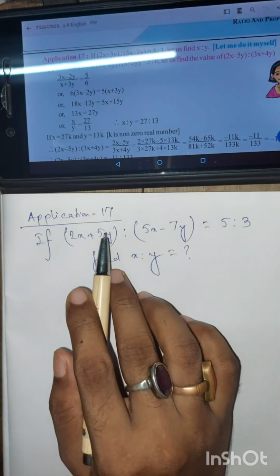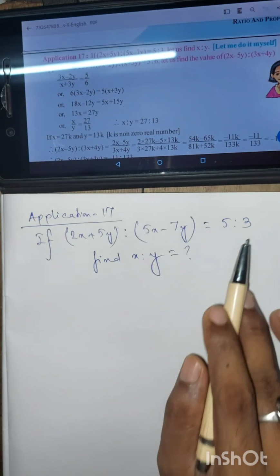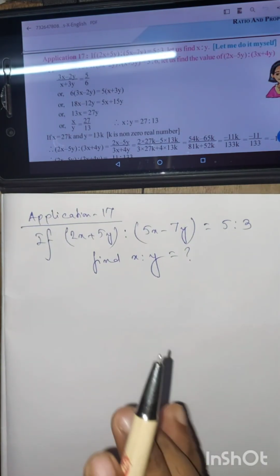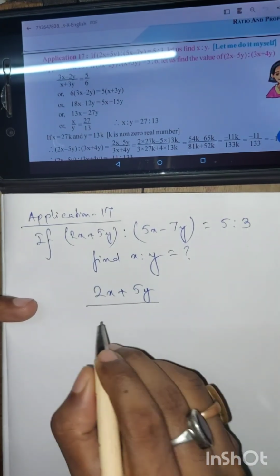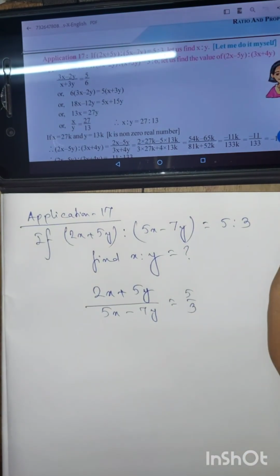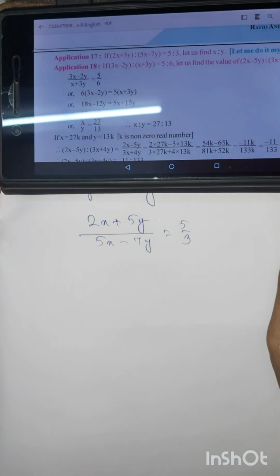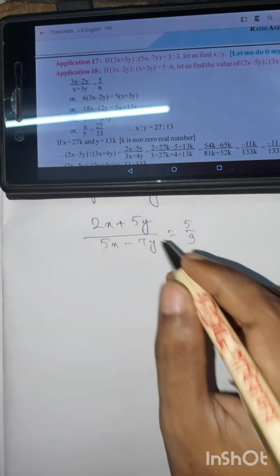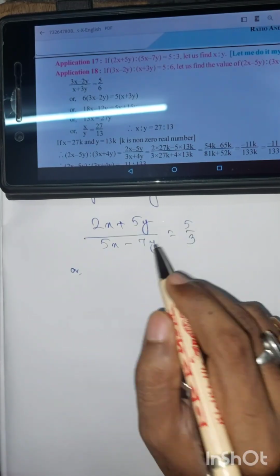Now let us solve question number 17. It says if this equal to 5 is to 3, then find x is to y. Cross multiply both sides of the equation.